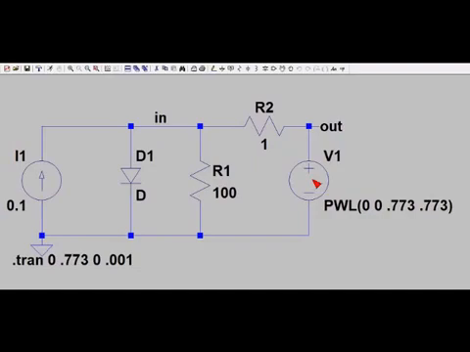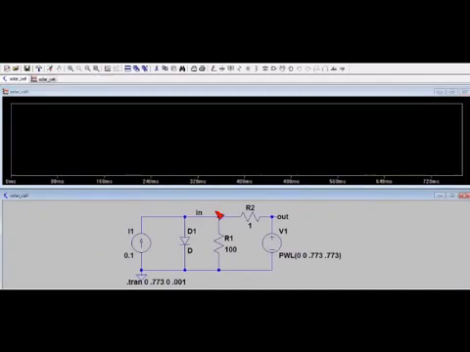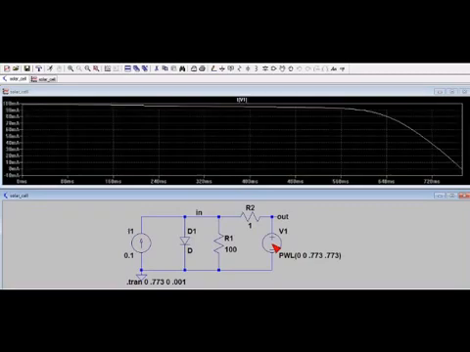So let's take a look. Let's do a run here, and let's take a look at this current voltage characteristic of the solar cell. Here we see a current axis. This is the current in the solar cell. We have a maximum current in this particular solar cell of about 100 milliamps.